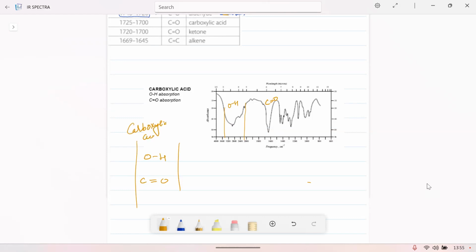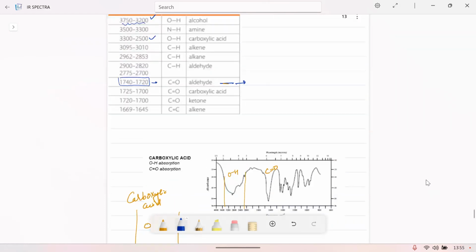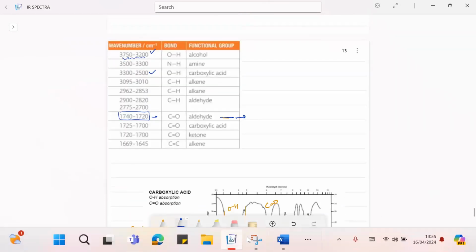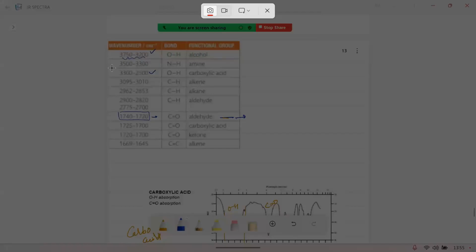Now once you know this, how will you justify? Justification will be based on the values from the data booklet. You already know it is a carboxylic acid, so you will pick the values from the data booklet for the carboxylic acid.